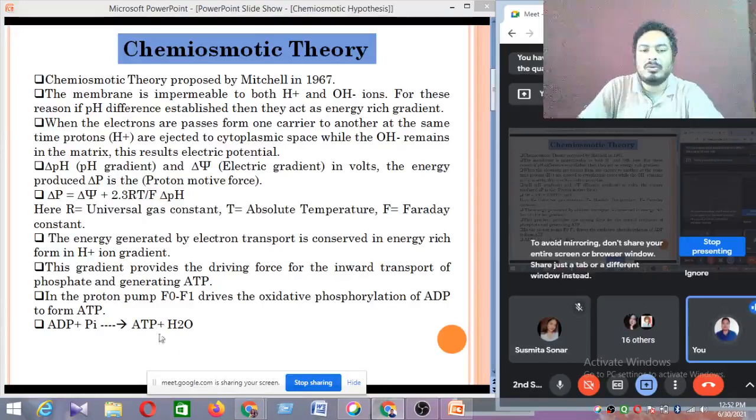You can see the water molecule is again produced inside the matrix, and they produce ATP from ADP plus Pi plus H plus. They produce the ATP energy compound, and the H plus binds with the OH negative ion to produce water. Okay, so this is the main concept behind the chemiosmotic theory.